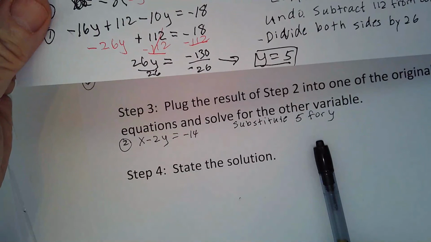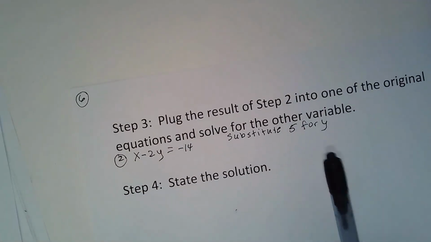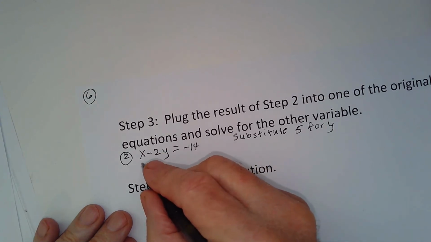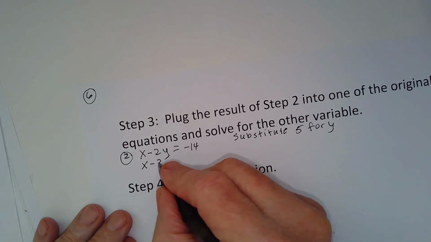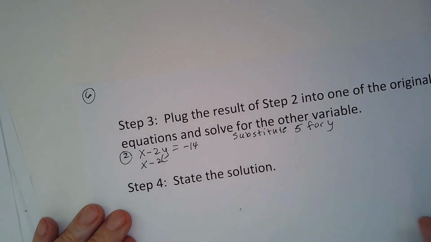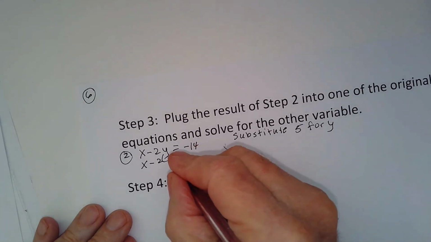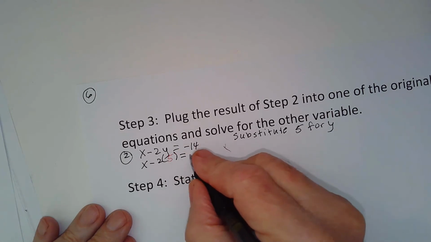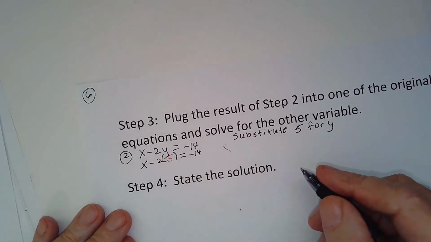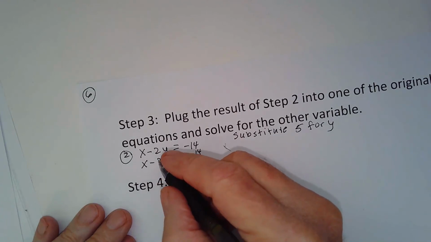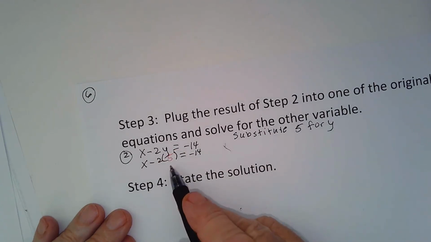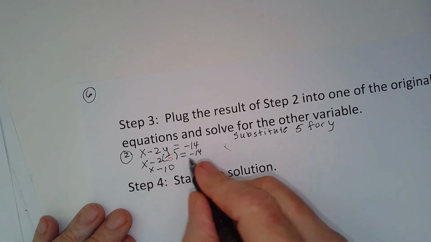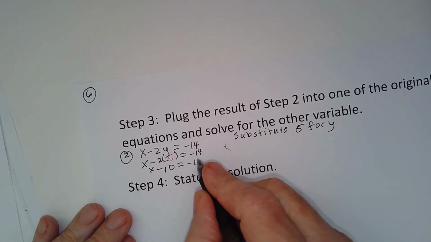So here we have it down here. Okay, so that means that I'm going to rewrite this equation 2 as x minus 2 times 5, and that's going to equal negative 14. All right? And so that gives you x, negative 2 times 5 is negative 10. So x minus 10 equals negative 14.